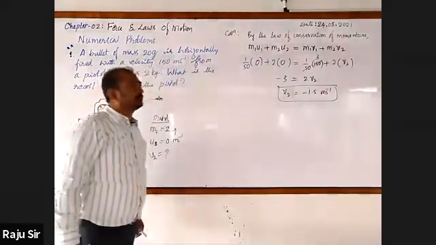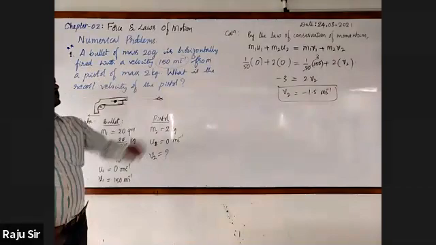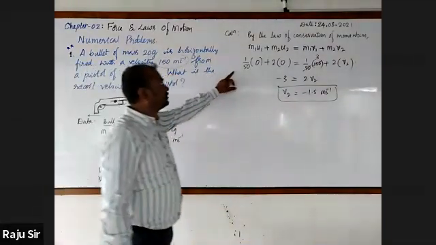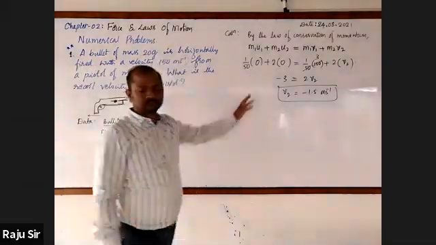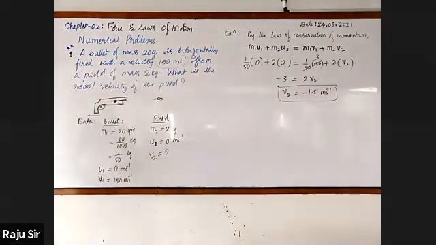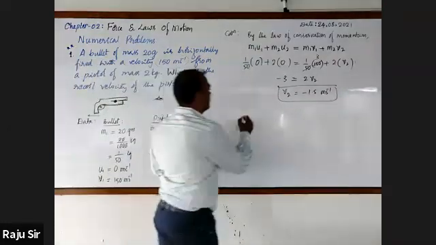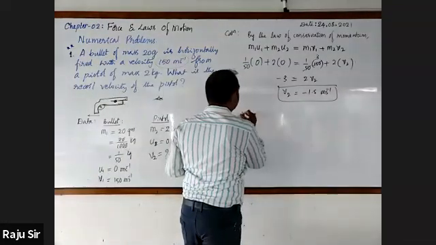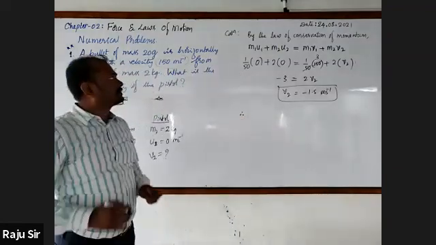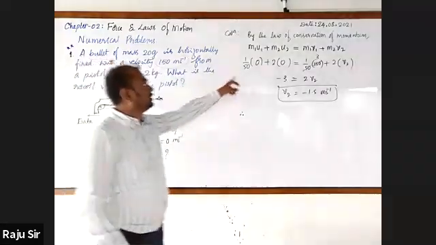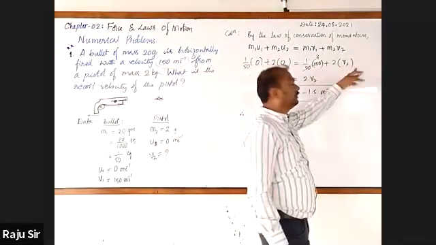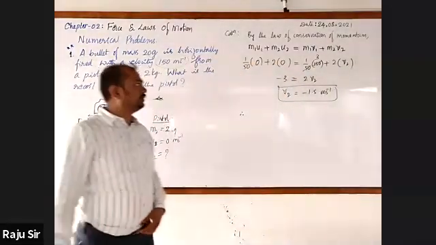Copy this. First, substitute M1 and M2. Then substitute U1 and U2, 0, 0. V1, V2, 150. Then V2 is unknown. You write this.